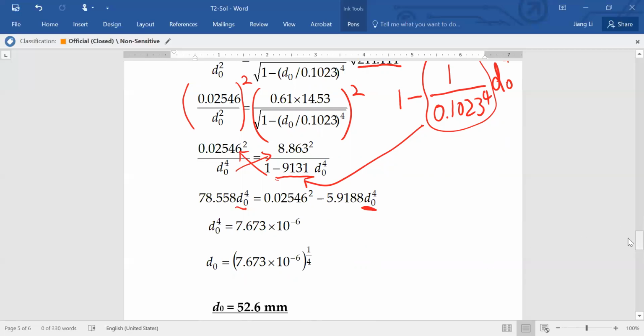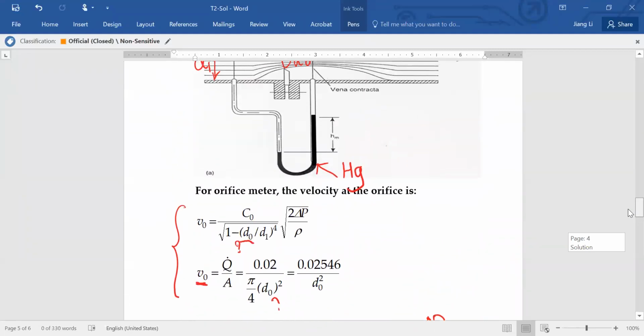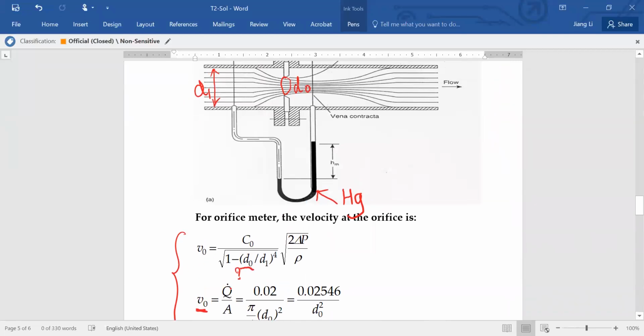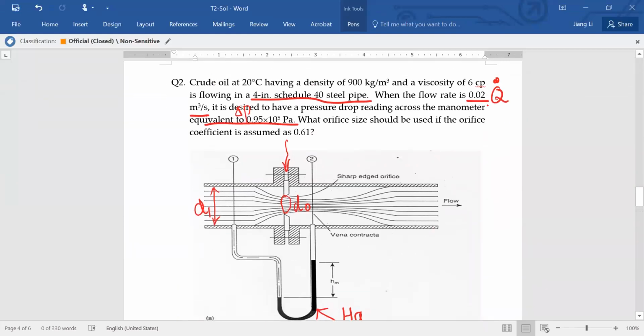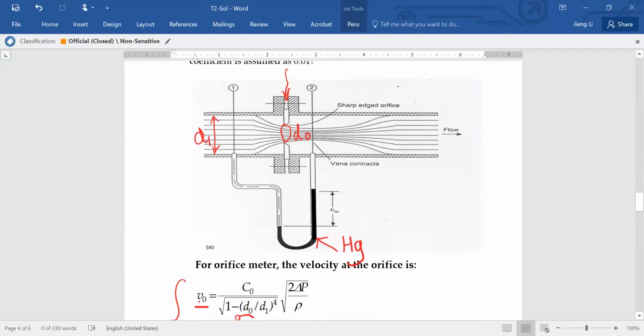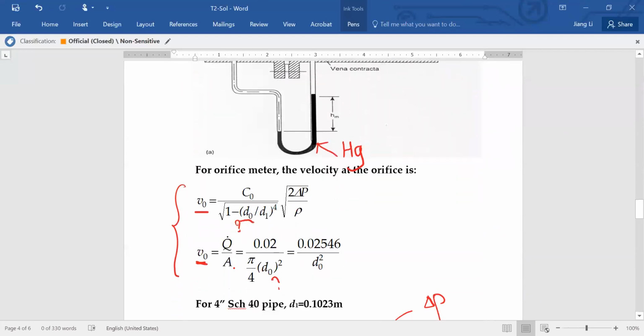The key point for this question will be, if we go back here for a while, you need to understand the velocity calculated by the flow meter here is the velocity at the orifice, okay? And also, if you use this velocity by volumetric flow rate over area, then for this diameter you also need to use the orifice diameter, okay?